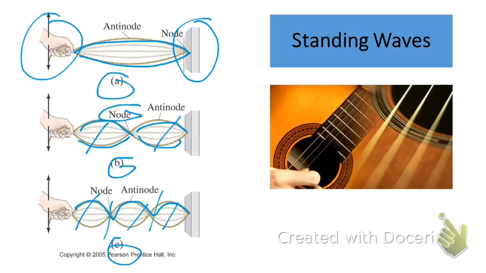And those standing waves, which generate energy themselves, will radiate out from the guitar and cause air to begin to move. And when air begins to move, then it creates sound. So standing waves are converted into sound waves, which we then interpret as, well, sound. And we can hear music from the guitar.